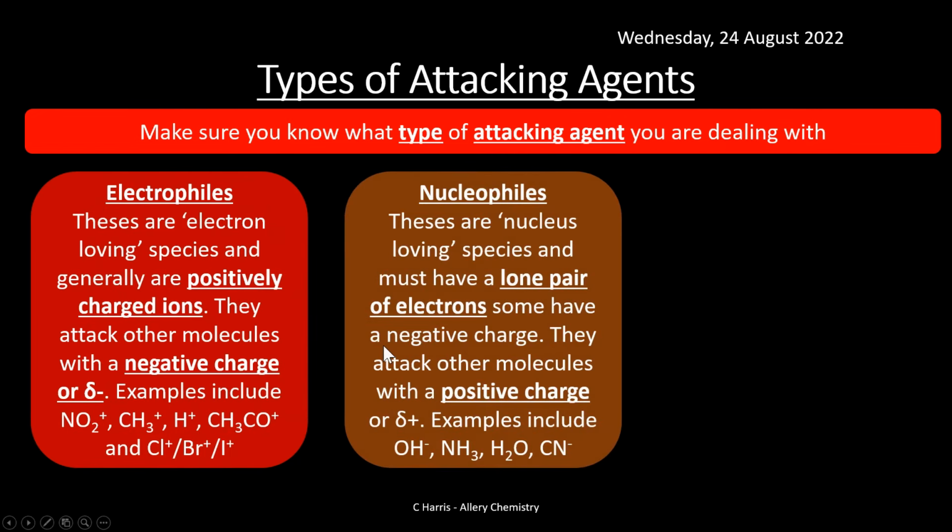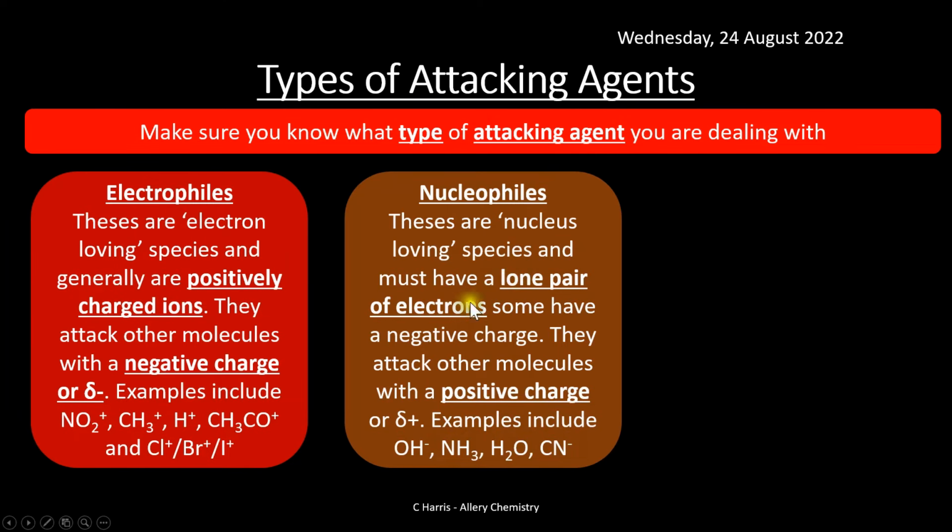Another type are nucleophiles. These are nucleus-loving species, and remember the nucleus is positive, so these have got to have a lone pair of electrons. Some may have a negative charge, but nucleophiles must have a lone pair of electrons. They attack other molecules that have a positive charge or delta positive. Examples of nucleophiles are OH minus, NH3 because it has a lone pair of electrons, water, and cyanide, so CN minus for example.